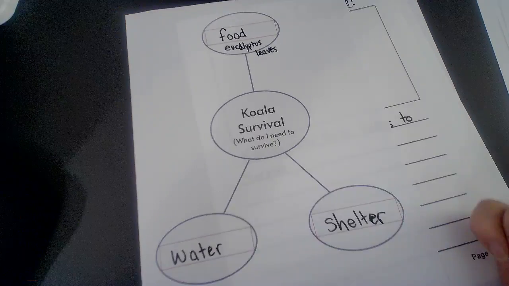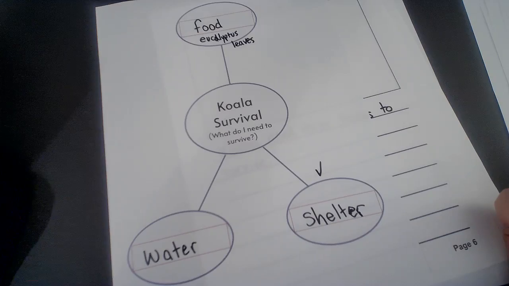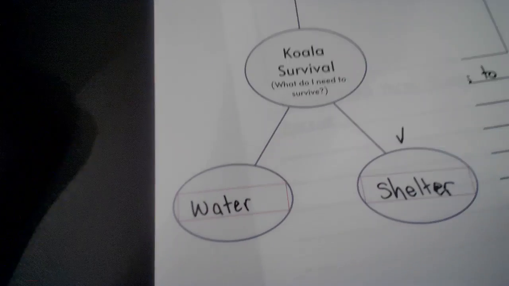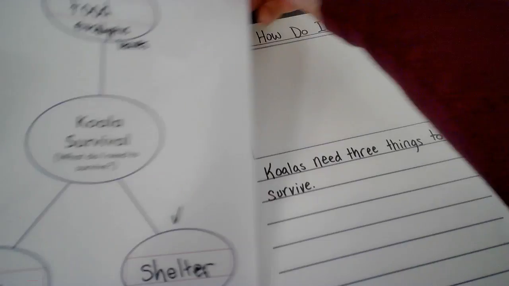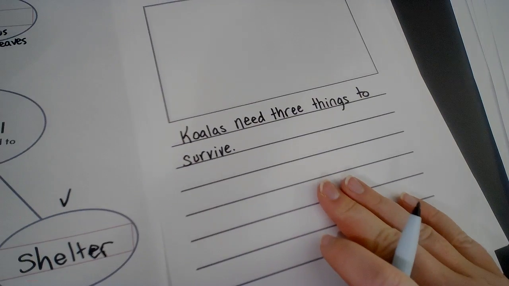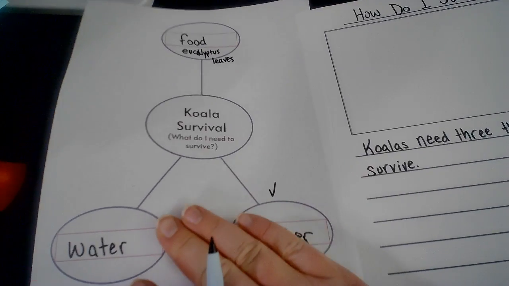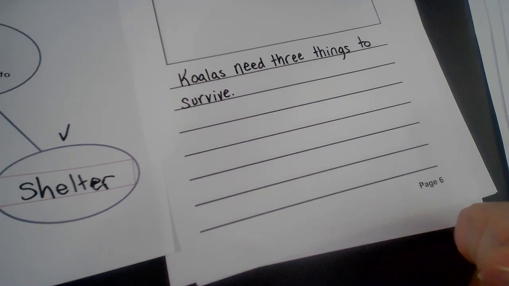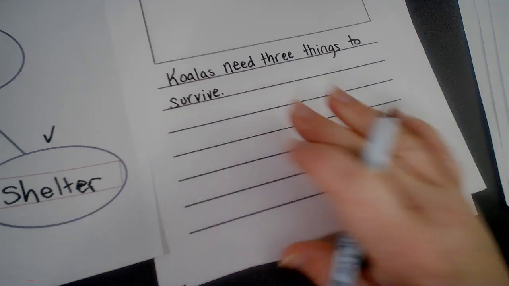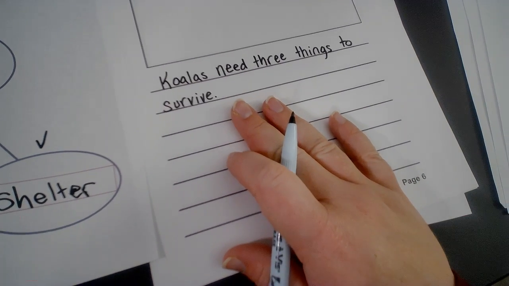You can even check off, say, I want to write about shelter first. That one's done. Now you have to choose water or food. So you're going to write your next sentence. And then come back and you're going to figure out what was your third sentence about. Write your third sentence.